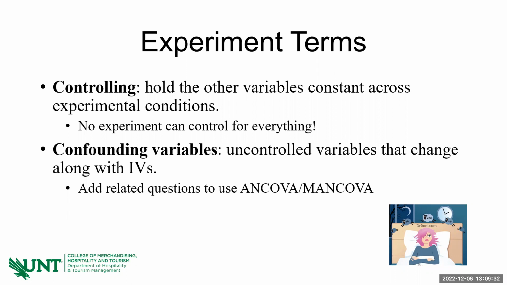So usually I would add that question in my survey and use it as a control variable when I conduct the ANCOVA. That way, when I'm controlling for that hunger level, I can make sure I'm still getting a significant relationship between my independent variable and dependent variable.